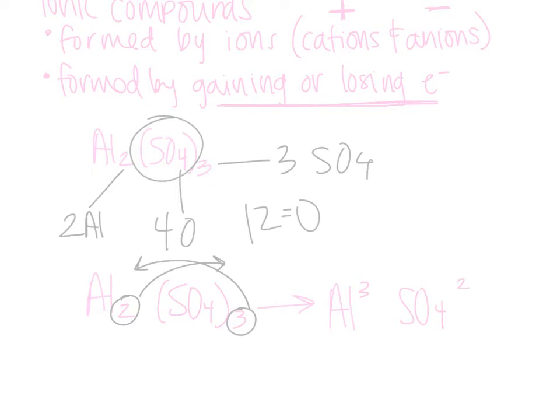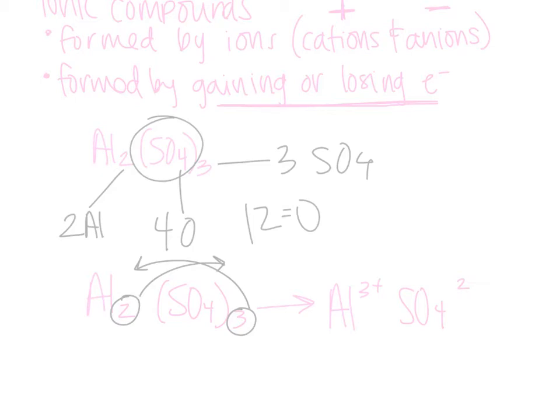So in order to find out the charge of it, whether it's a cation or an anion, we can look at our periodic table and just double check ourselves. So if we go to our handy dandy periodic table, and it should be marked up by now with the charges at the top because we were supposed to do that last unit. And if we find aluminum, we see that it's in group 3A or group 13, and that has a charge of 3+. And then we won't be able to find the charge of SO4 on the periodic table since it's a polyatomic ion and it's made up of many ions.